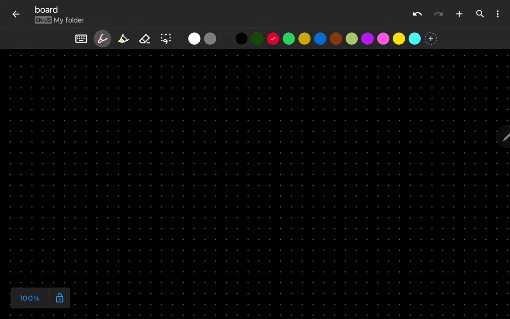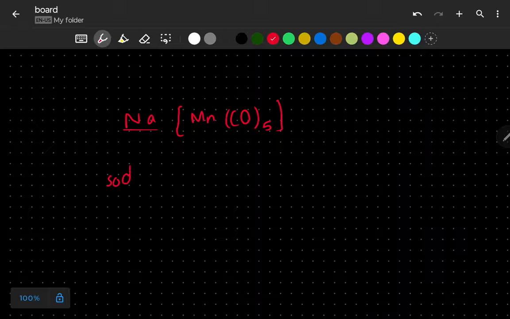Now for the next compound, Na[Mn(CO)5]. Again, sodium is used as a cation, so it will be named as sodium, not natrium. We're not going to use its Latin name. Sodium, penta, for 5, penta. This is carbonyl.